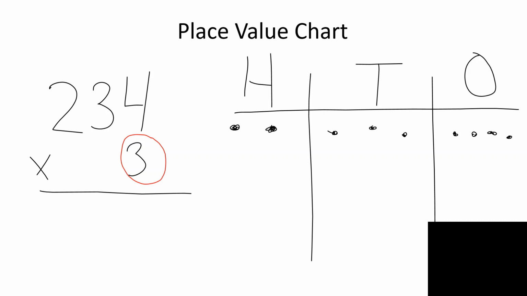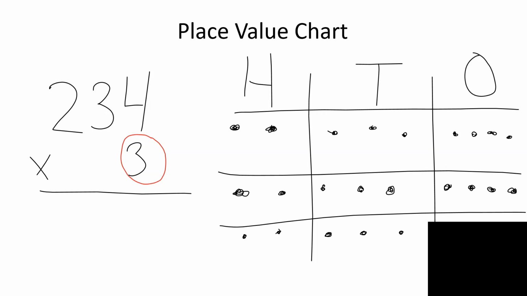And as we can see, we are timesing it by 3, so we're going to put 234 3 times. So I already have it once, so I just need to add it a second time and a third time. So as you can see, I have 234 3 times, which is showing 234 times 3.